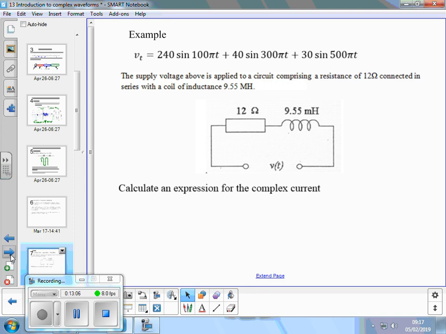And that voltage is being applied to a series RL circuit at 12 ohms resistance, 9.955 millihenries. We're going to calculate an expression for the complex current. Alright?